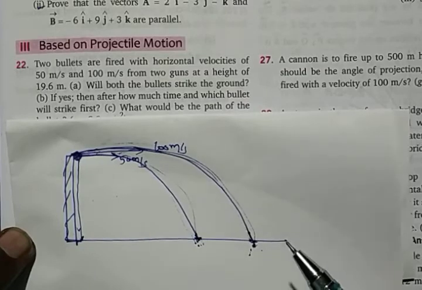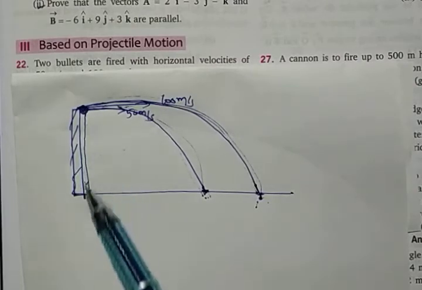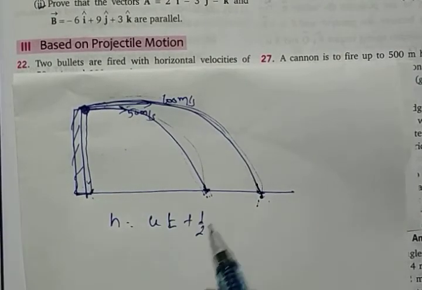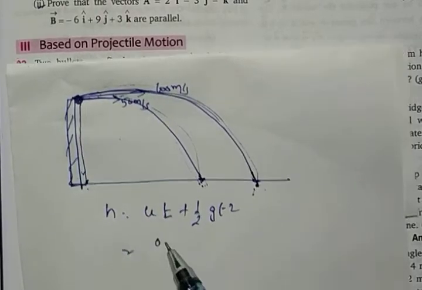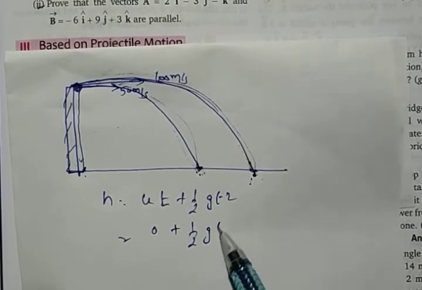So what is the time? That's what is asked. You need to again go from here to here. If you are dropping, h is equal to ut plus half gt square. What is u? When you are dropping down, u is 0, plus half g into t square.